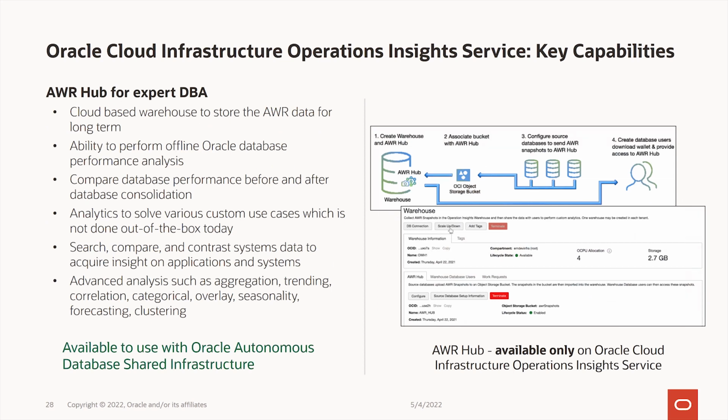AWR data contains important performance statistics about the Oracle database and can be used for Oracle database performance, diagnostics, and tuning. And to handle AWR data from multiple databases, Operation Insights provides AWR Hub, a cloud-based repository that collects and consolidates AWR snapshots from multiple databases in your OCI tenancy.